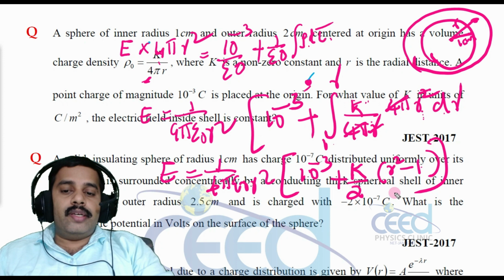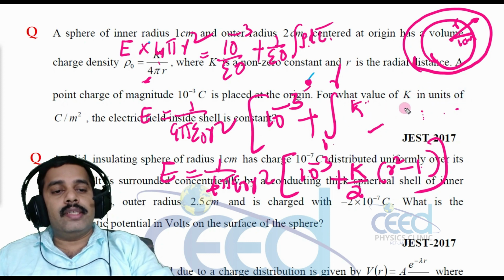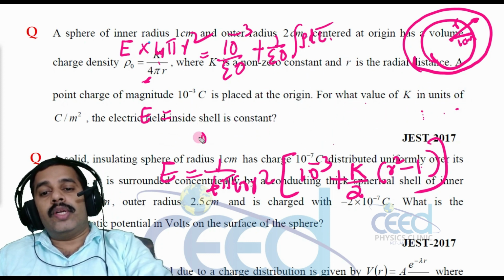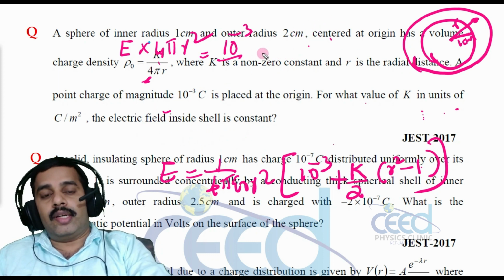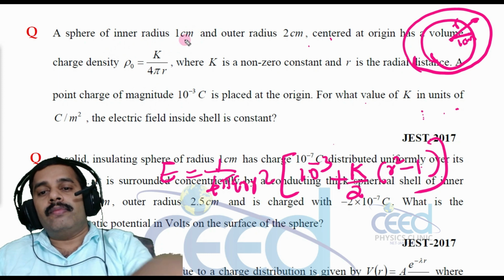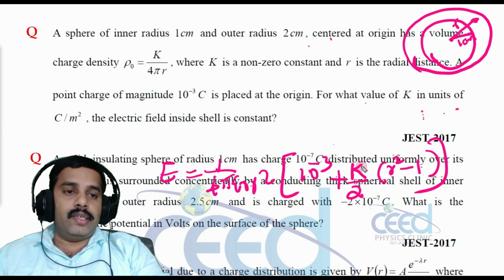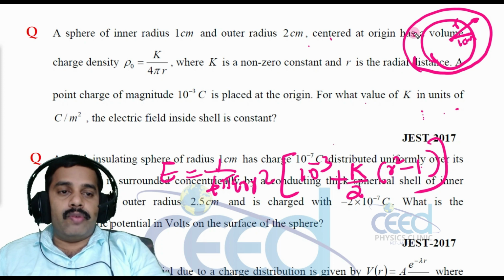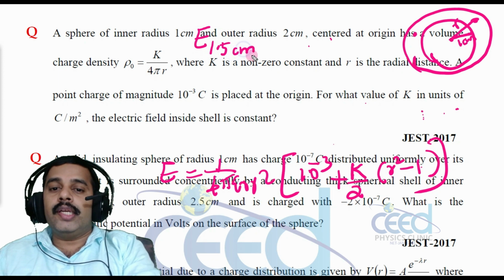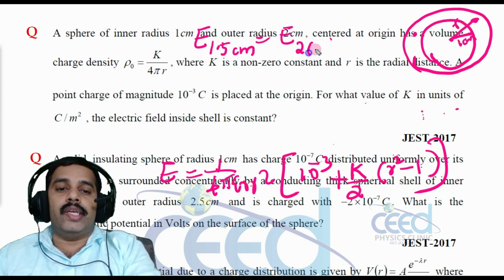Now we need to find k. What I have to do? I just give a substitution. We need to keep the electric field constant, right? In such a condition, what is the k value? Suppose I consider the electric field at a distance 1.5 centimeter equal to the electric field at 2 centimeter.